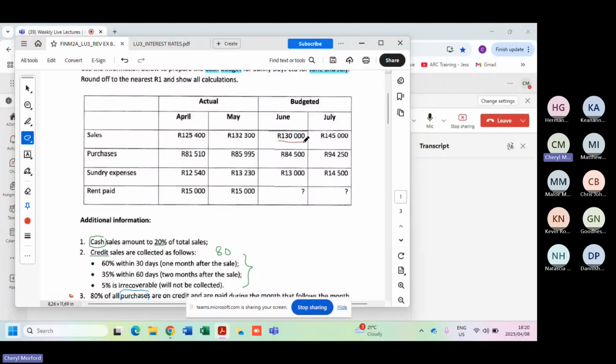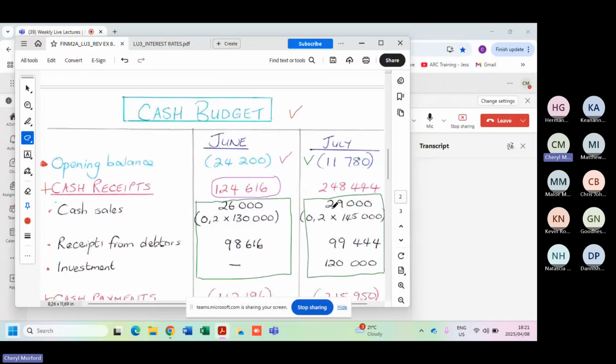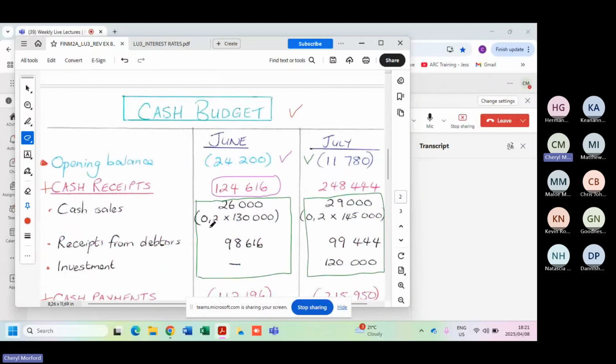Then let's do July. The total sale is 145. Cash will be 20% received in July. So because that was quite short and sweet, you see what I've done here. I've just done it as a working in a bracket underneath. So 20% of the relevant amount, and we write the number at the top.